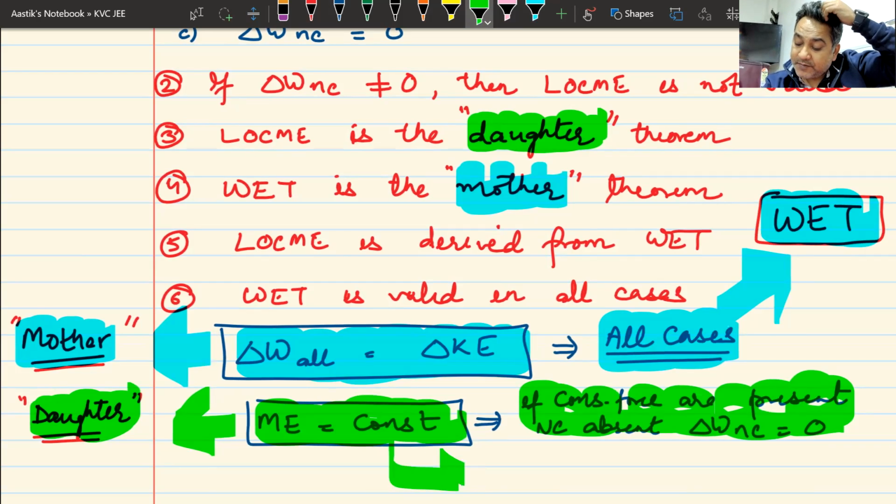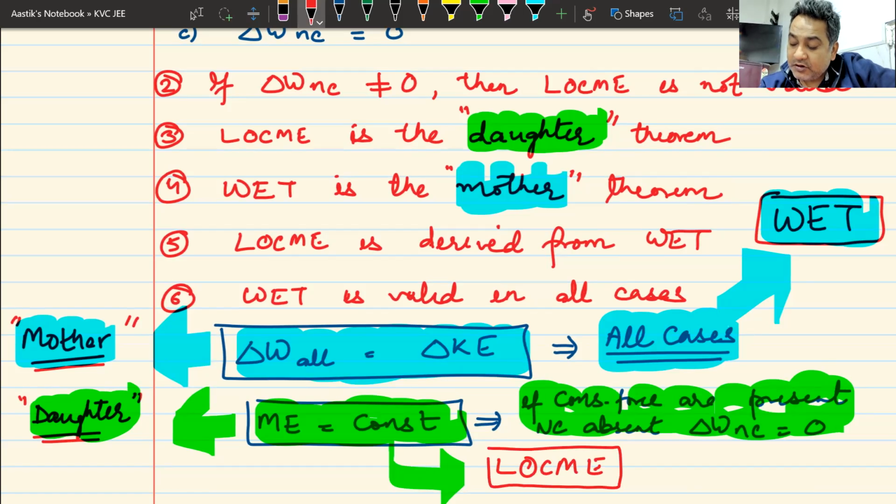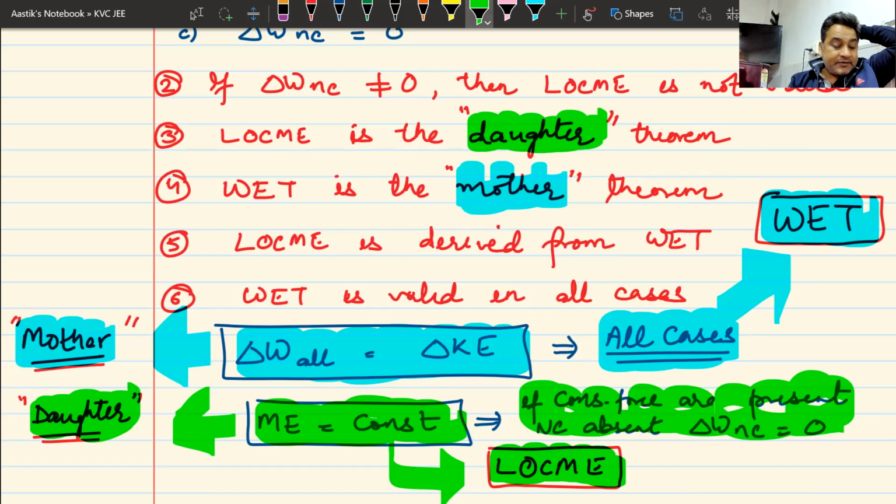But the daughter theorem, which is LOCME, can only be applied if non-conservative forces are absent. Do we understand this, everyone? Just remember these points about the work energy theorem.